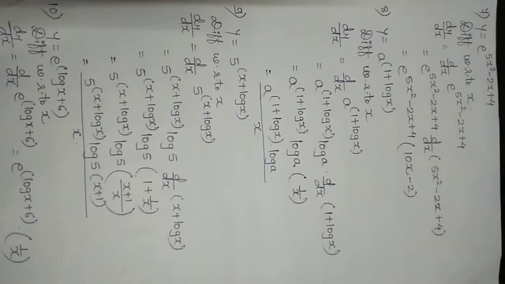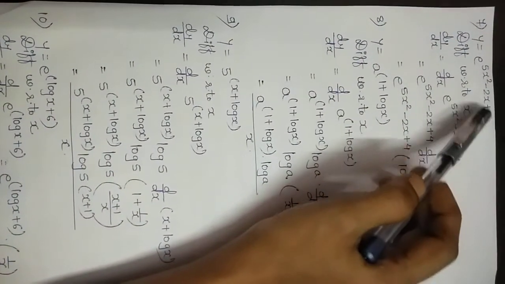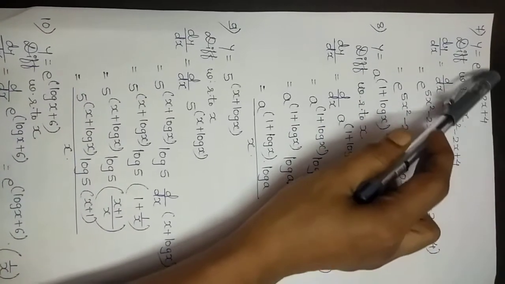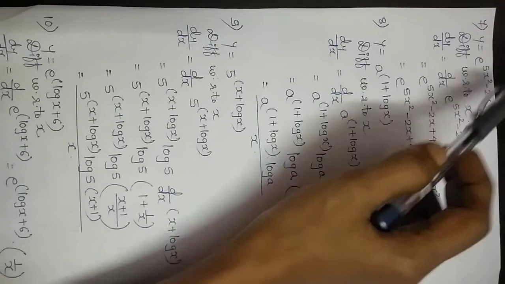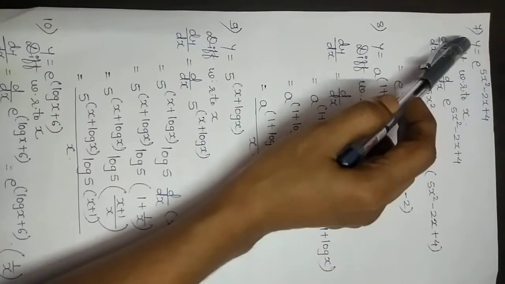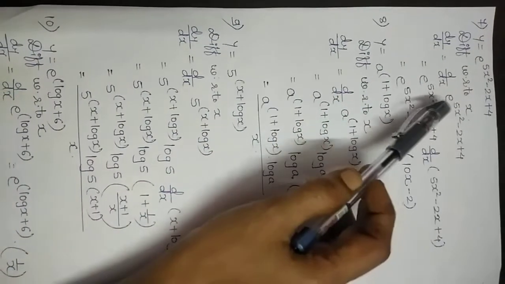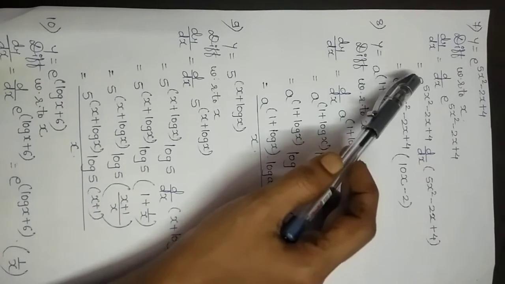Now next, sum number 7. Y is equal to e raised to 5x square minus 2x plus 4. Now here we will consider this entire term which is given in the power as x. So we will read this question as y is equal to e raised to x. While taking the derivative, we know the derivative of e raised to x is e raised to x.